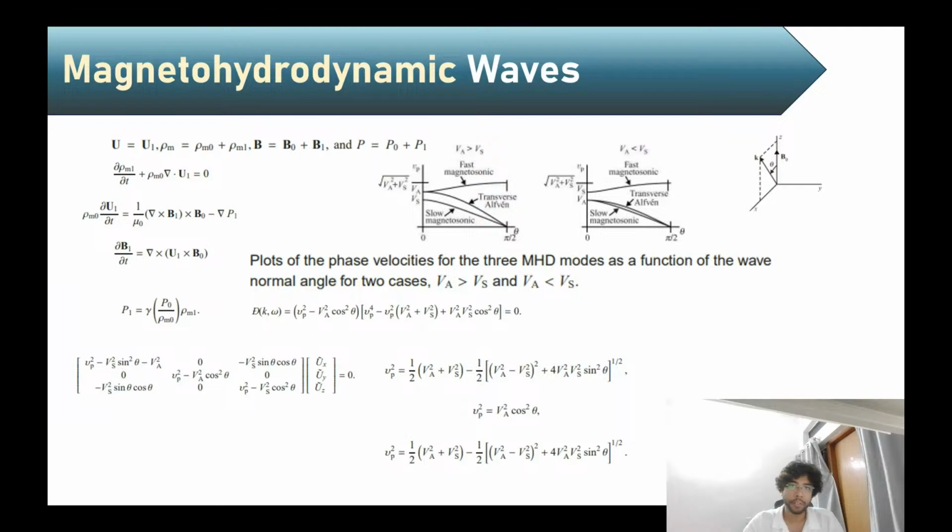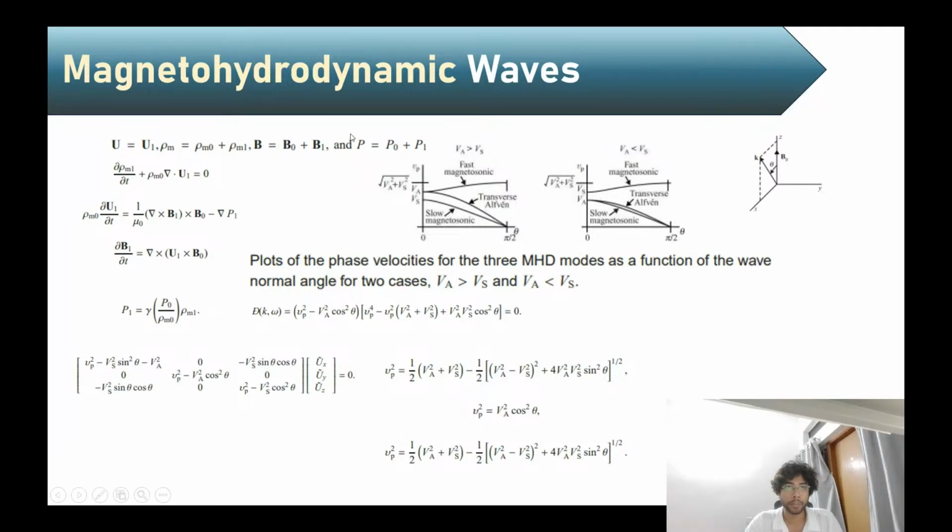So the way we are going to do the analysis for deriving the waves and their dispersion relation is by using perturbation theory, which we have used earlier as well. So what we're going to do is take the magnetohydrodynamic fluid, or plasma, in its base state.